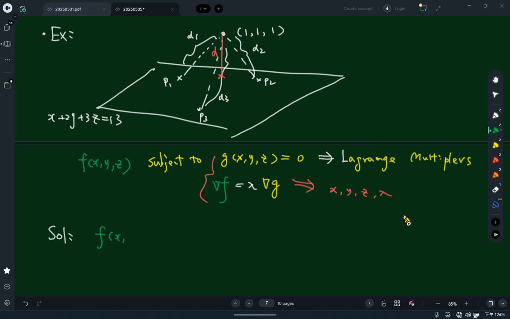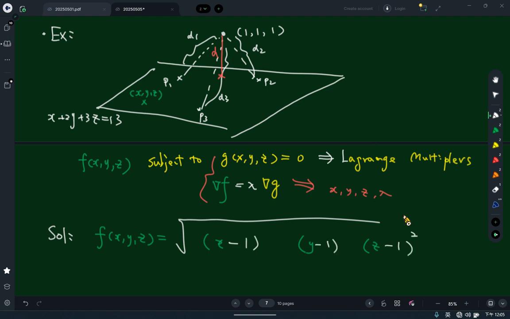We define f of x, y, z as the square root of the distance between any point (x, y, z) and (1, 1, 1).